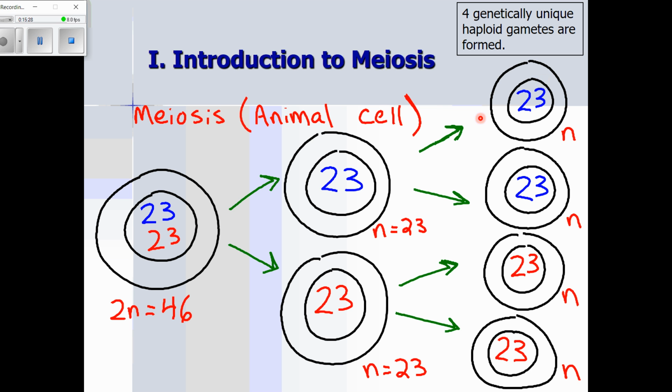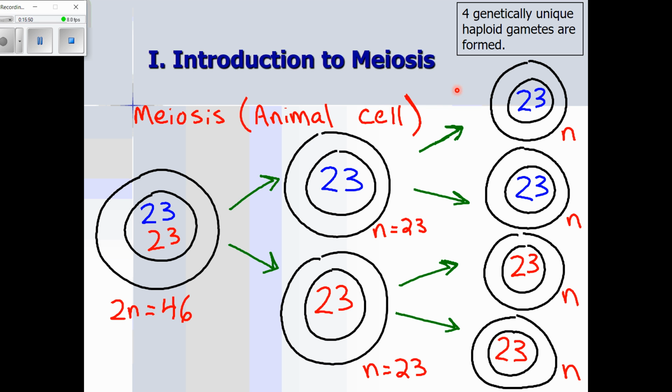And in a plant, these would be spores rather than sperm or egg. But still, they would be genetically unique haploid reproductive cells. Again, meiosis always produces four genetically unique haploid reproductive cells.